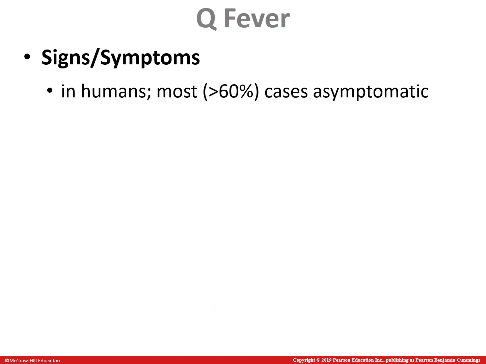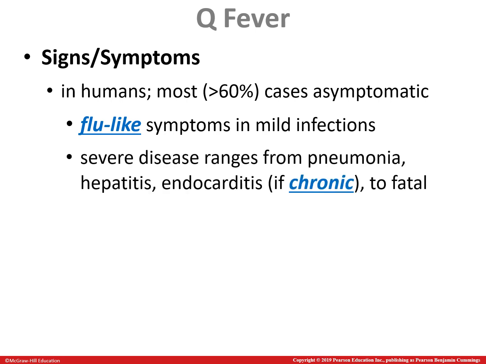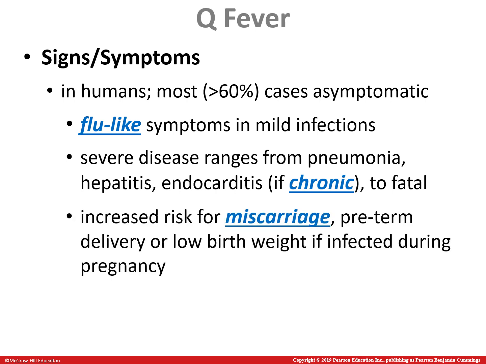In humans, about 60% of cases, most cases, are completely asymptomatic. And you might have some flu-like symptoms in mild infections. In some people, it becomes a chronic infection and can be fatal. Again, it just really depends on how your immune system responds and what your underlying health conditions are.